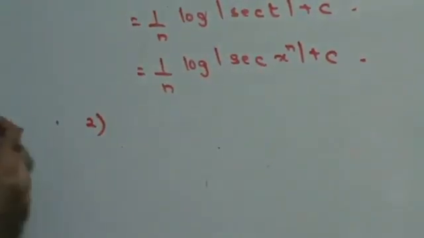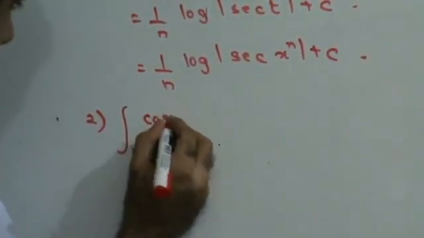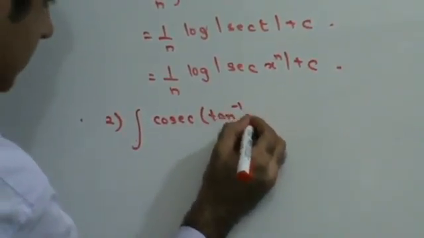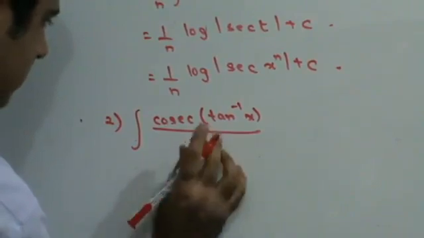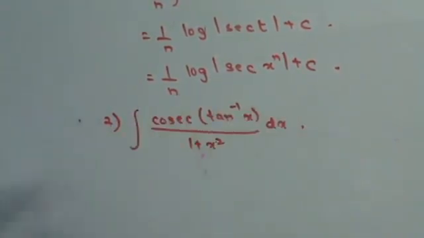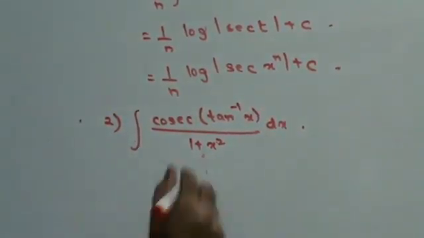Let's see another sum, guys. Integral of cosec tan inverse of x upon 1 plus x square dx. Now let's see this.